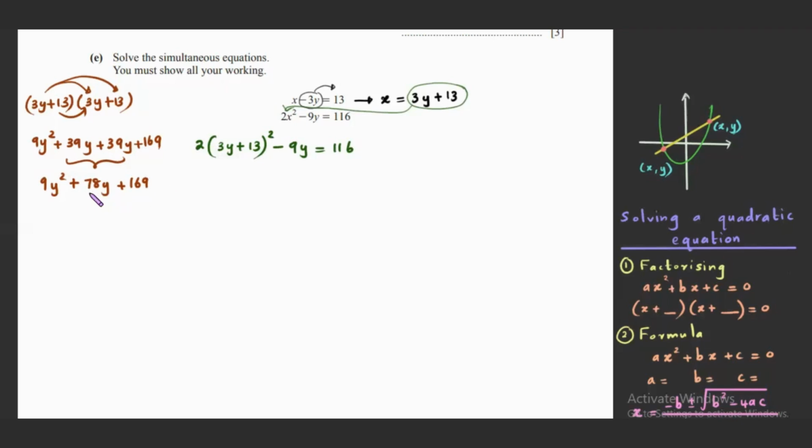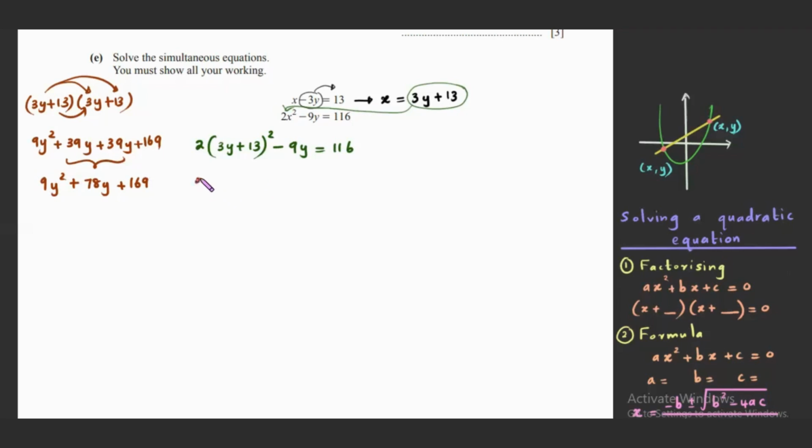To find the term in the middle, you multiply the first term and the second term that are inside the brackets. So 3y and 13, we multiply together, and we get 39y. And always the answer that we get there has to be multiplied by 2. So when I multiply it by 2, I get this 78y. So even if I don't do it this way, I can do it using the method that I just explained.